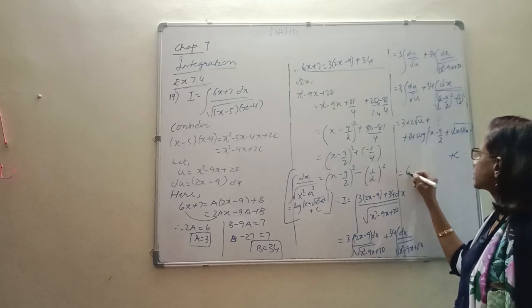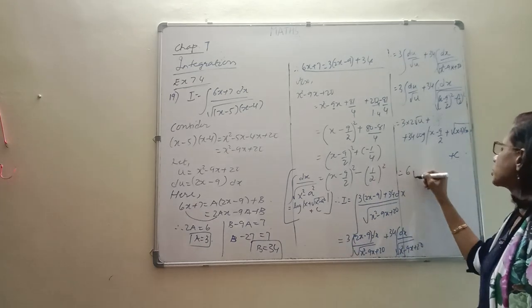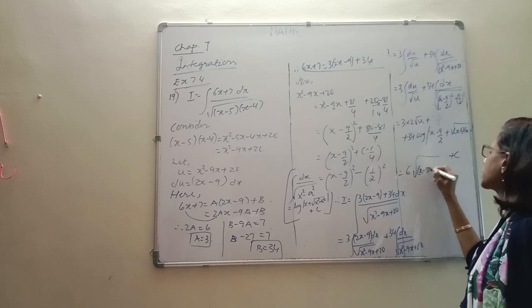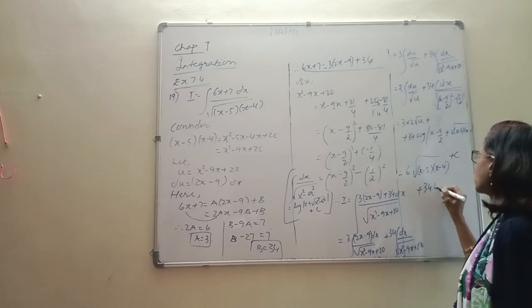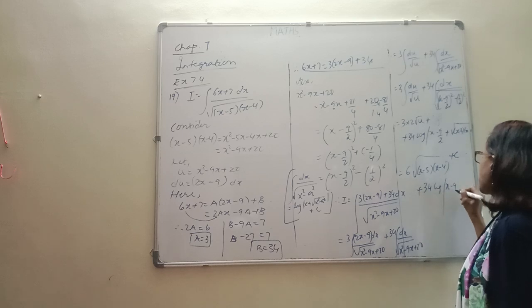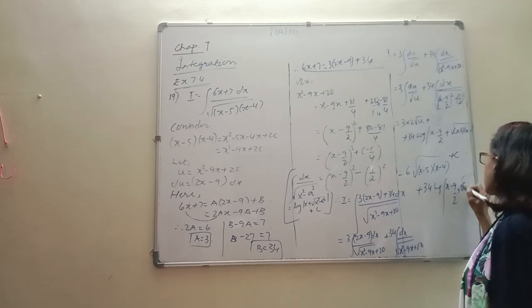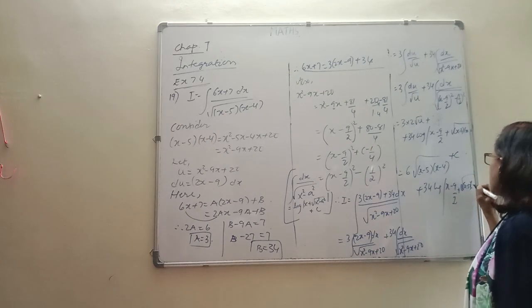Or coming back, 6 root u for us is 6 root of x minus 5 times x minus 4, plus 34 times log x minus 9 over 2 plus root of x minus 5 times x minus 4, plus c.